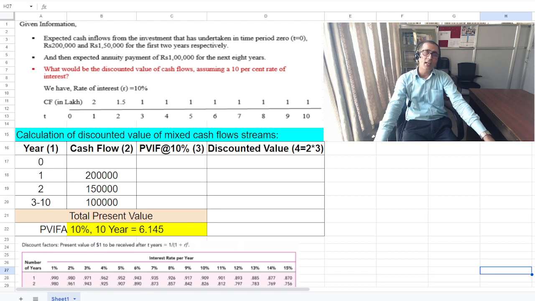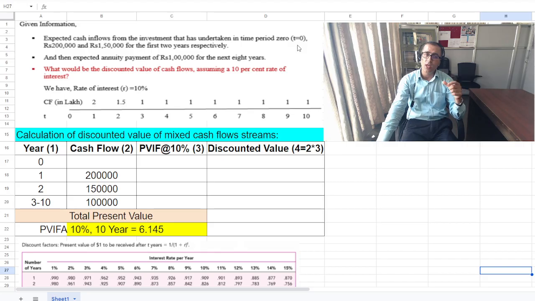Based on this background, let's discuss the given information first of all. At first you need to organize your whole given information, like the expected cash outflow from the investment undertaken in time period 0. Remember, when we are investing now, that is noted in finance as time period 0, t equals 0, which costs 2 lakh, and then 1,50,000 for the next 2 years.